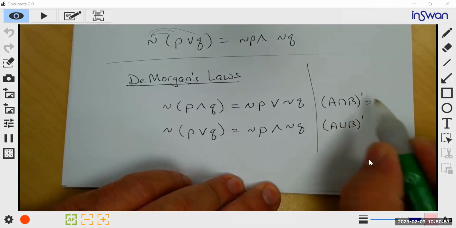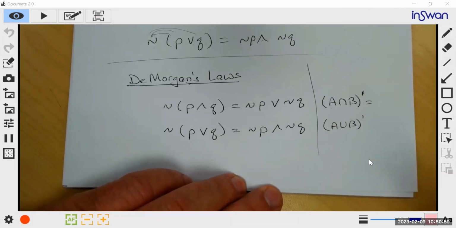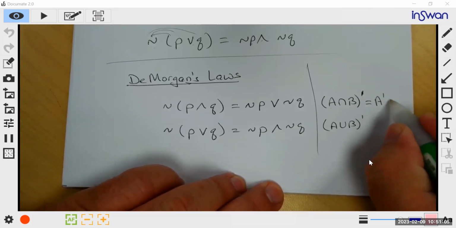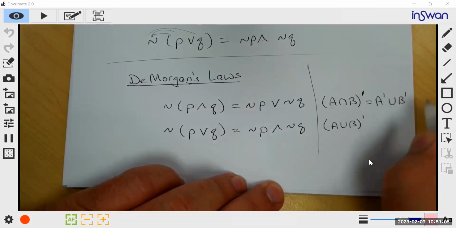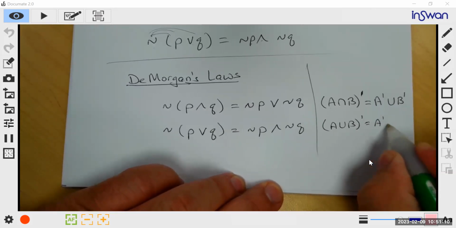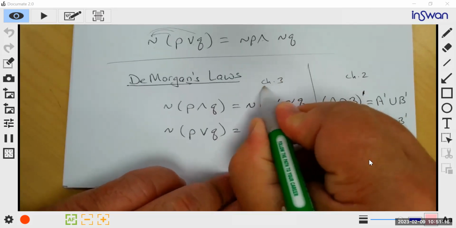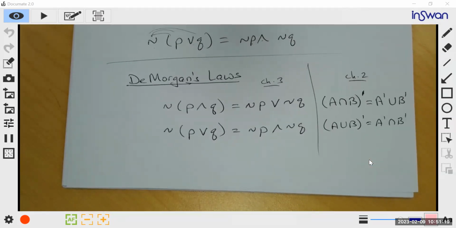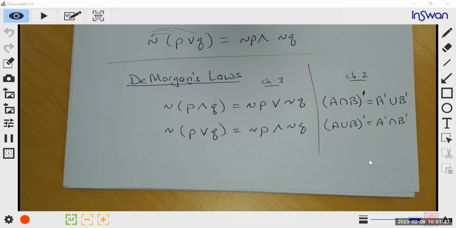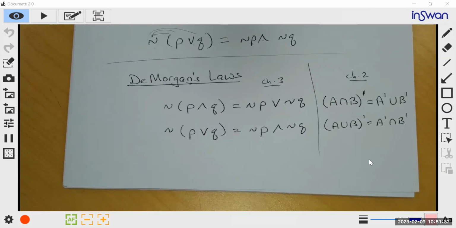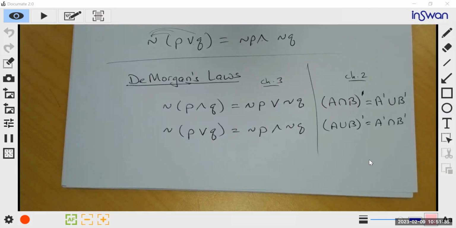Set A and set B, the negation of it equals the negation of A union the negation of B. So De Morgan's laws work for both sets and statements. It actually defines our order of distributivity in mathematics.